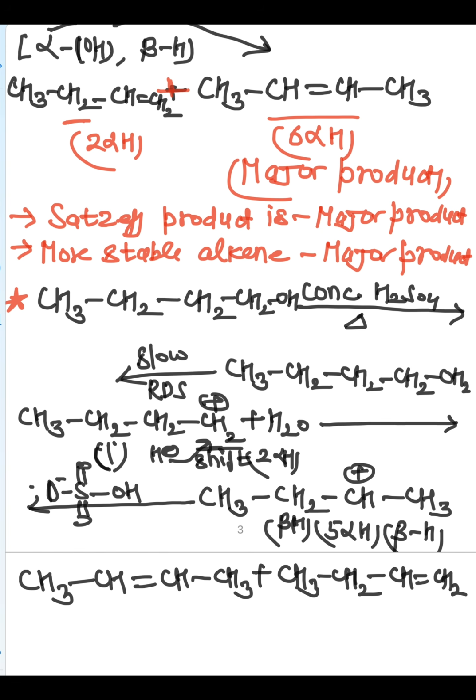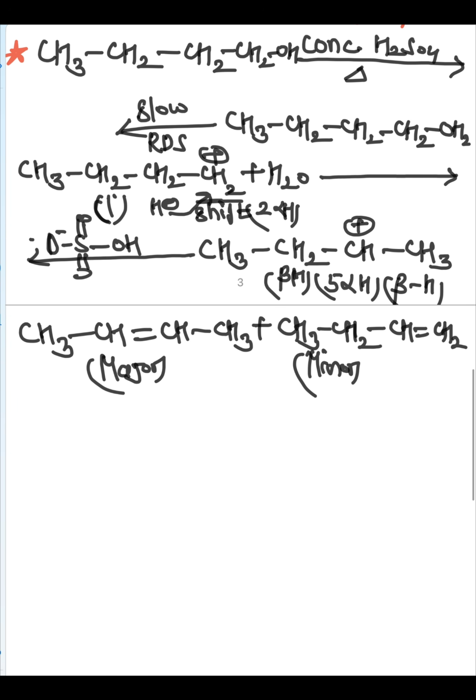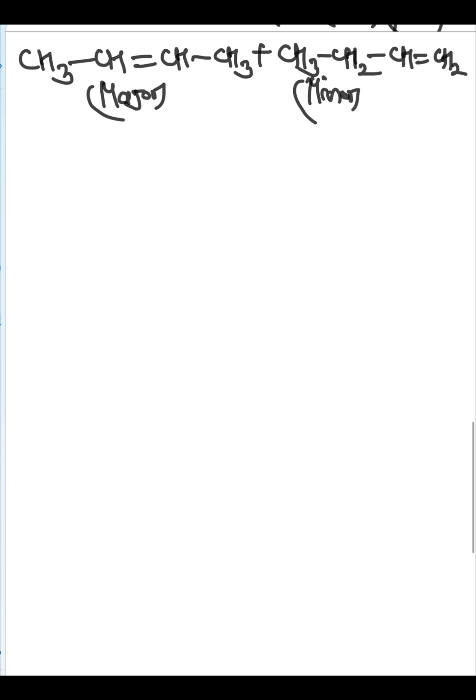Of course you can see, obviously this is the major product, this is more stable, and this is your minor product. Here you can see the rearrangement, बट आपको रीअरेंज सिर्फ तभी करना है जब हर एक स्टेप के बाद कार्बोकेटायन की स्टेबिलिटी इंक्रीज हो रही होगी, अदरवाइज यू कांट रीअरेंज अ कार्बोकेटायन. लेट्स सी सम मोर एग्जांपल.